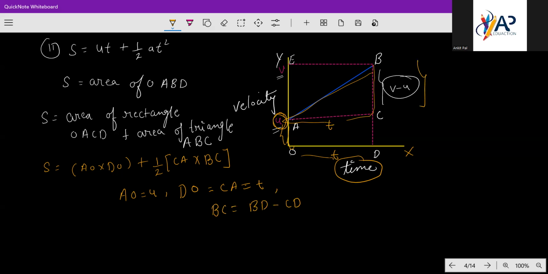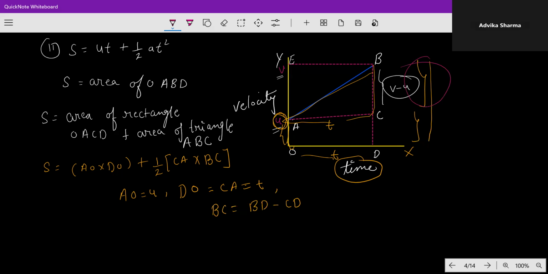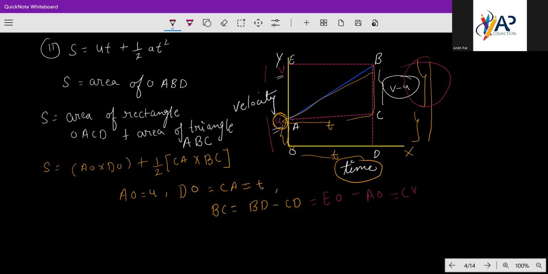Then for the remaining part, we can say EO minus OA, which equals v minus u. Yes or no? Yes.